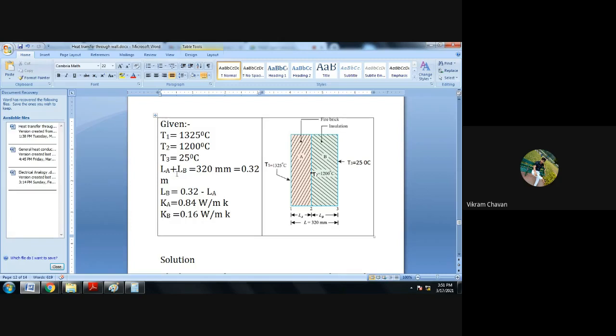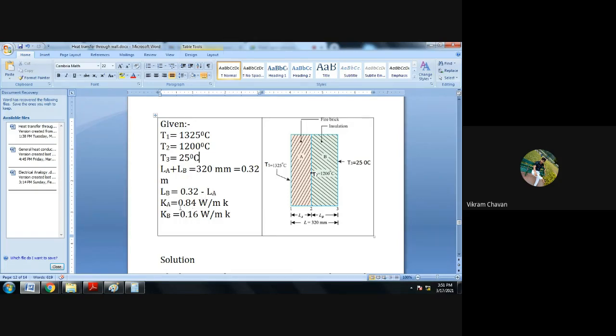So L suffix A plus L suffix B is equal to 320 mm, which converted into meters is 0.32 meter. If you want to express one thickness in terms of the other, then L suffix B is equal to 0.32 minus L suffix A.